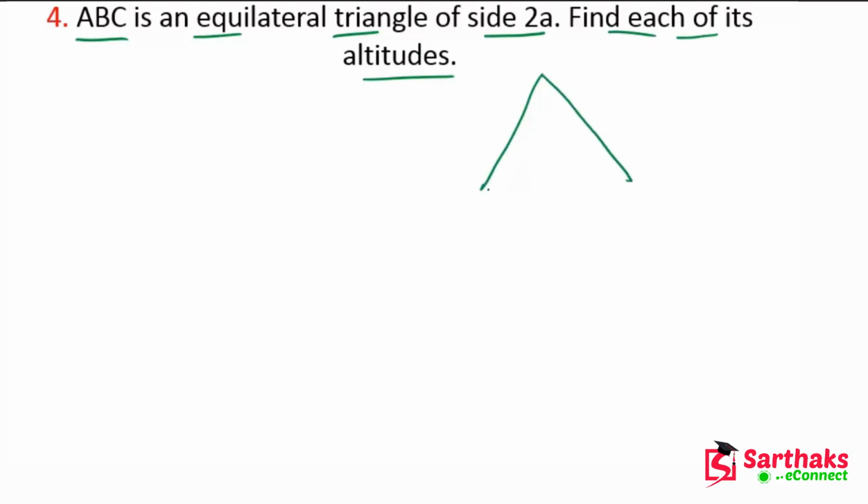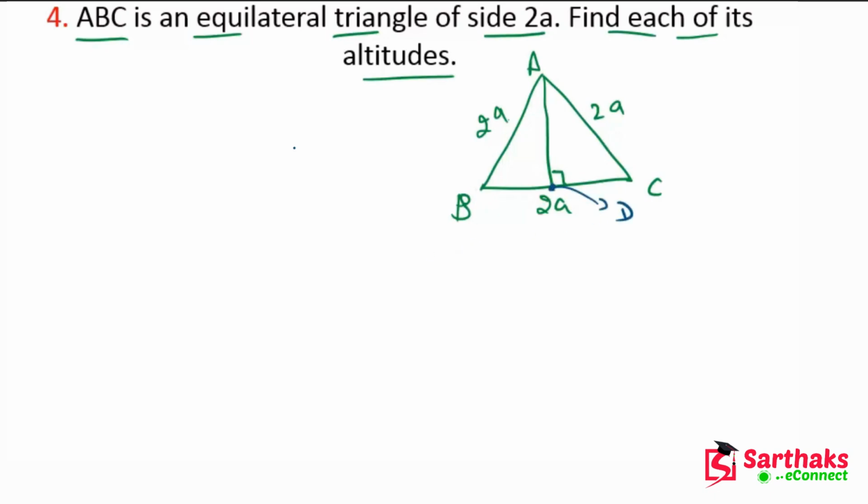Let's suppose this is an equilateral triangle with vertices A, B, C, and each side is twice of a. So this is the equilateral triangle of side 2a. Now we have to draw an altitude which is perpendicular to BC at point D. Let's suppose this is our point D.